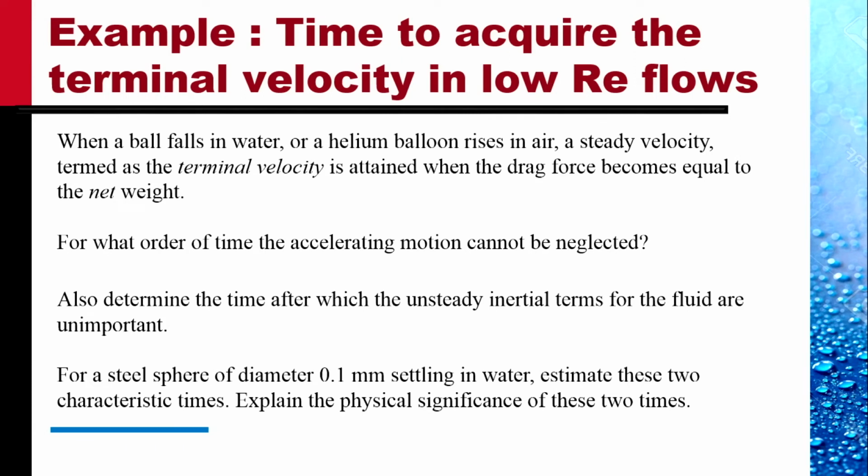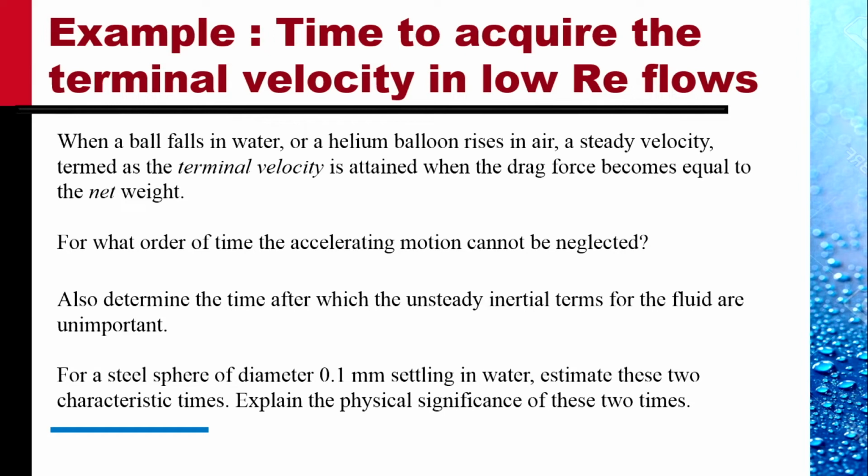Also determine the time after which the unsteady inertial terms for the fluids are important too. The earlier case was when the unsteady forces of the solid were important. Now we ask the time after which the unsteady inertial forces for the fluids are also unimportant.